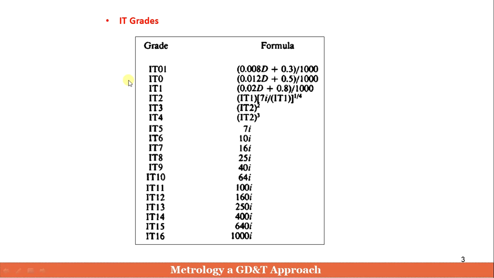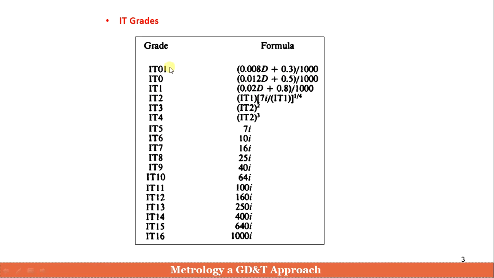Now, about the IT grade: IT grade 8 represents 25i. The following table gives the IT or fundamental deviation values and the IT standard tolerance. Standard tolerance for different IT grades can be obtained from this table.